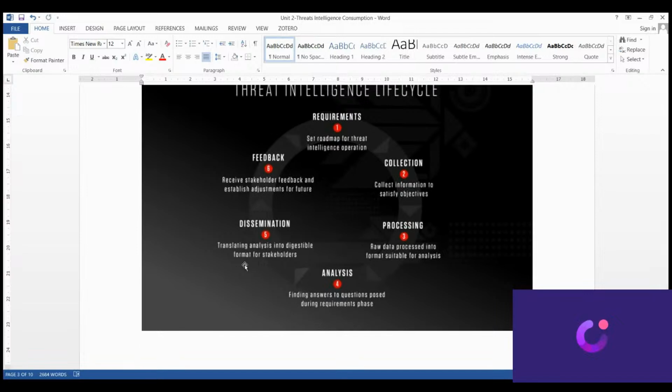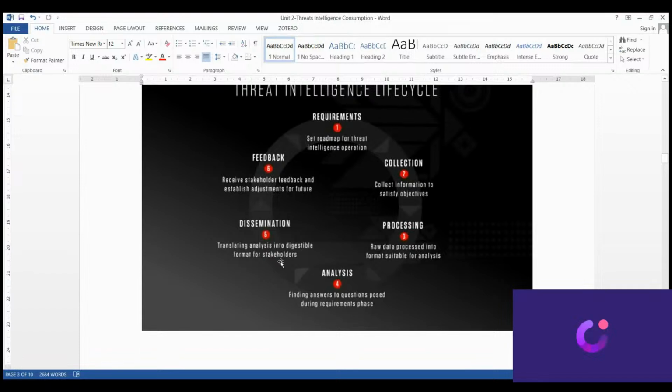There you set a roadmap at the requirement for threat intelligence operations. Then you go forward to collect information to satisfy the objectives that you set in step one. There's an aspect of processing, where the raw data is processed into a format suitable for analysis.